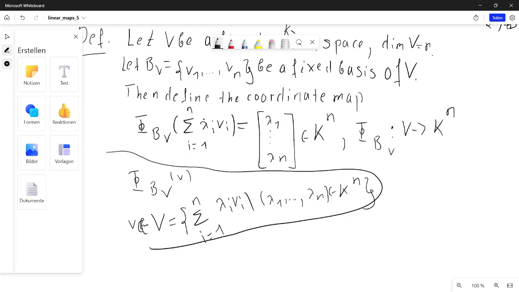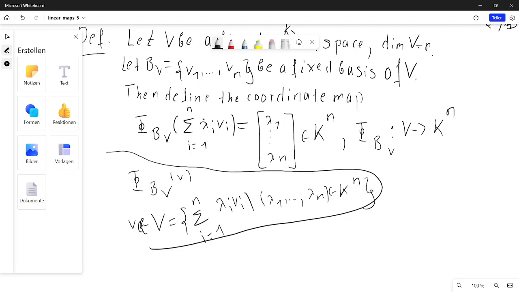Because if I have a vector in V, it has a representation. So I went through it, and it has a unique representation. So I go through each vector exactly one time when I define it like this, right? And such a vector has a unique representation, a coordinate vector, right?